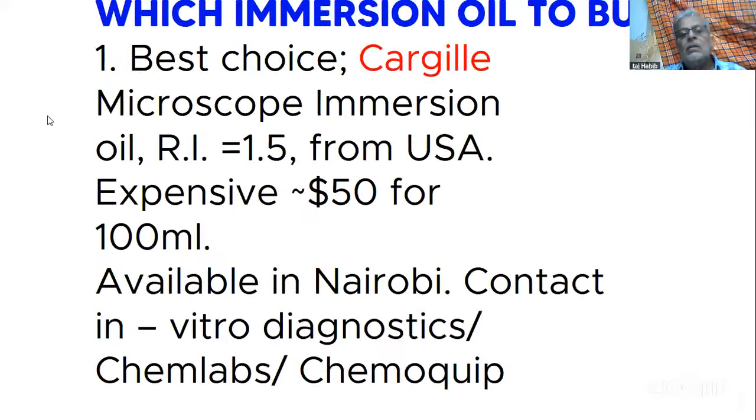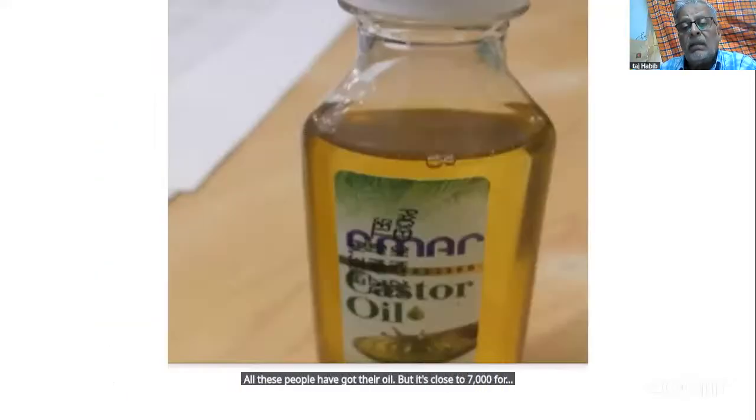Okay. So which is the best immersion oil to buy? It's called Cargill. It comes from United States, costs about $50 for 100 ml. It's available from most companies that will supply you immersion oil. Invitro, ChemLabs, ChemoQuip, Science-Scope, all these people have got the oil, but it's close to 7,000 for 100 ml.